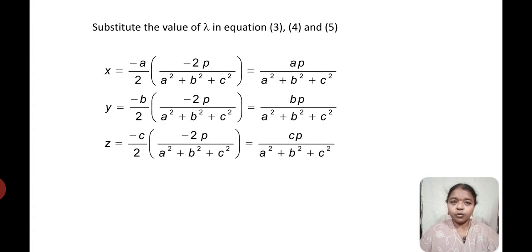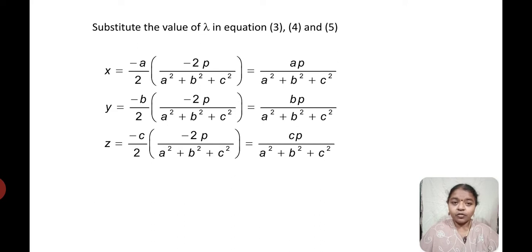Next, we would be substituting the value of lambda in equation 3, 4 and 5. What was the x value? It was minus a by 2 lambda. Y was minus b by 2 lambda, and z was minus c by 2 lambda. Here I would be substituting the value of lambda in each of the equations.